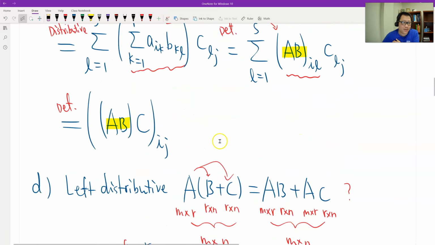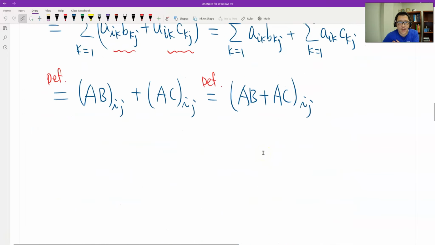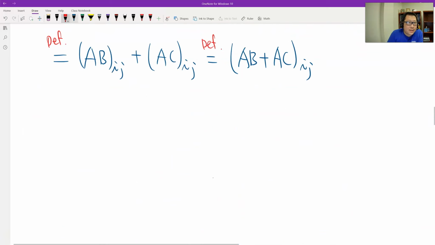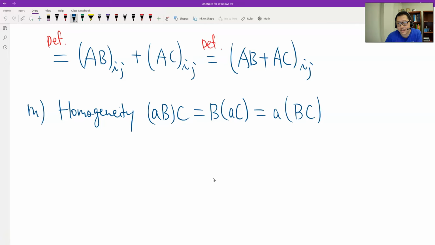So M is, for a scalar A, A times B times C. We call this homogeneity. So doubling B is the same as doubling the C matrix, which is the same as doubling the matrix multiplication.